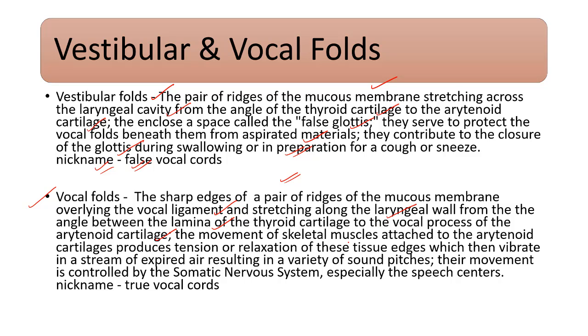The movement of skeletal muscle attached to the arytenoid cartilage produces tension or relaxation of these tissue edges, which then vibrate in a stream of expired air, resulting in a variety of sound pitches. Their movement is controlled by the somatic nervous system, especially the speech centers, nicknamed true vocal cords.